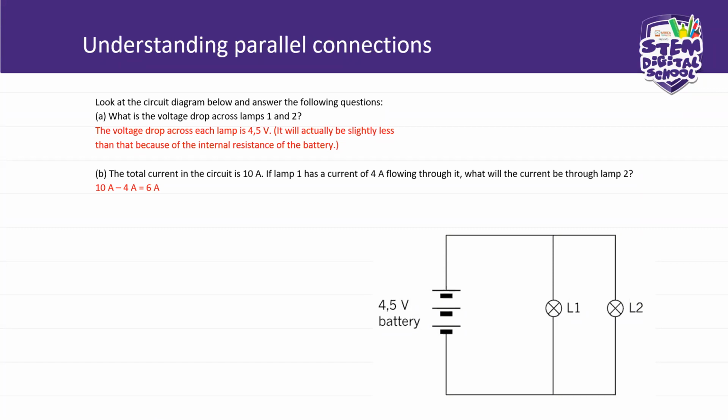So lamp 2 will be getting a total of 6 amps. Obviously, perhaps the capacity of these lamps is not the same.